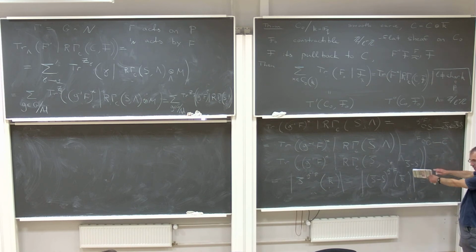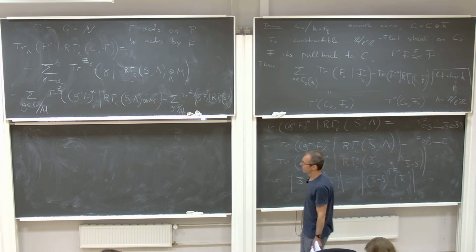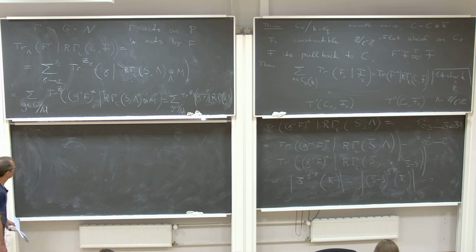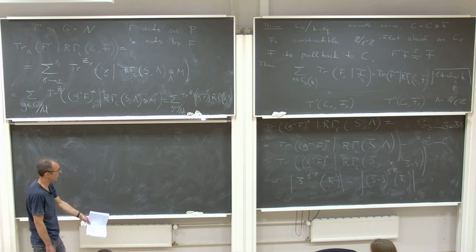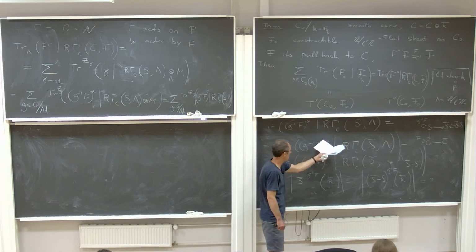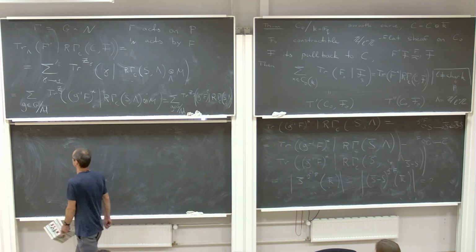The statement holds with finite coefficients. Use just proper base change. And so as a corollary, we have the Lefschetz formula with QL coefficients on any scheme, with coefficients in any QL sheaf, and in particular with constant coefficients.